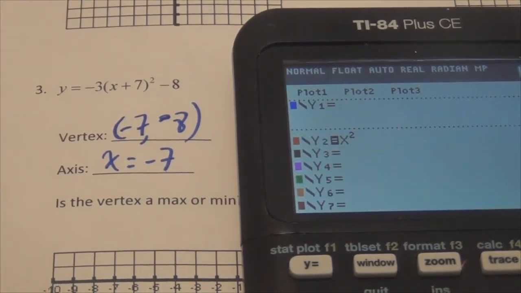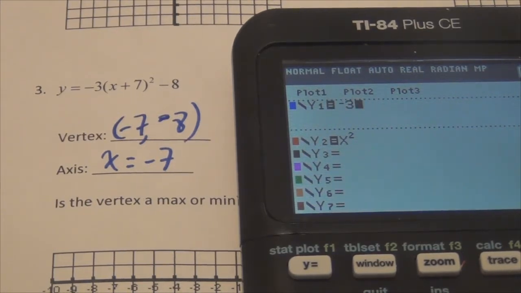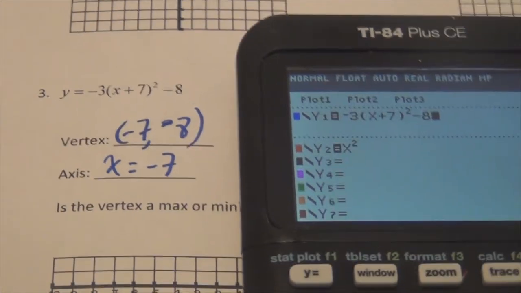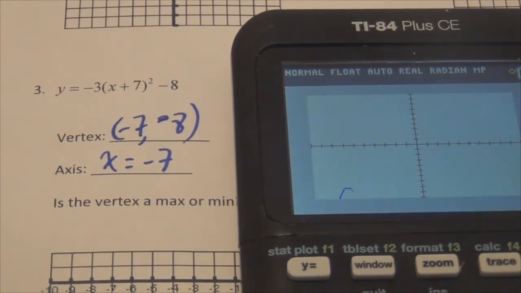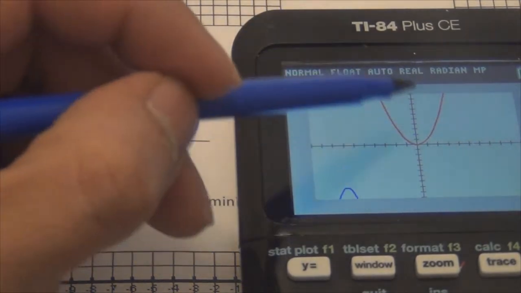So that's what vertex form does. So y equals -3 times x plus 7 squared minus 8. Let's see. Look at that. The parent function is this one.